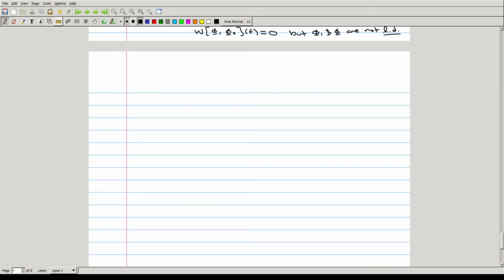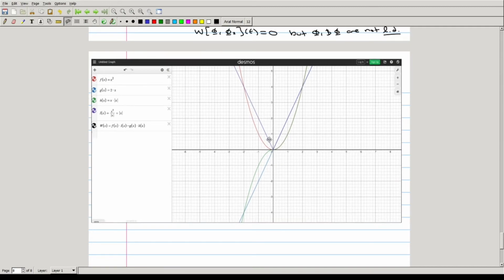And if we consider a plot of these functions, you should be able to see why. You have x squared, 2x, x times absolute value of x, and x squared over absolute value of x plus absolute value of x. With each one of these colors, we can see that the bad part here is when t is negative. So from -1 to 0, these functions are clearly not linearly dependent on one another.